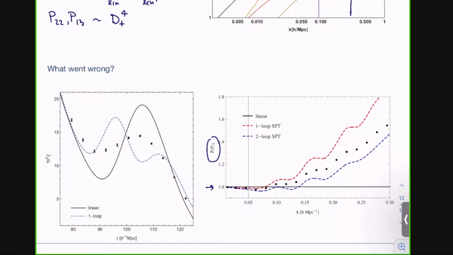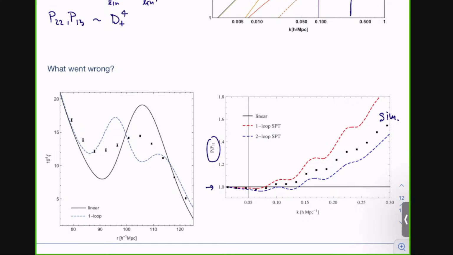If you take a look at simulations, which are these black dots, then we see that the nonlinear power spectrum, as you know, is larger than the linear theory as you go to high k. And this is what you see in these data points.